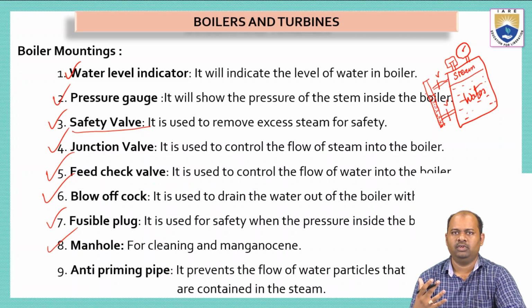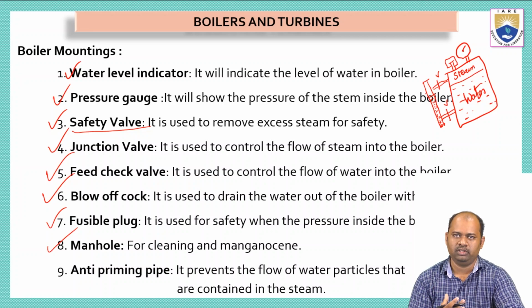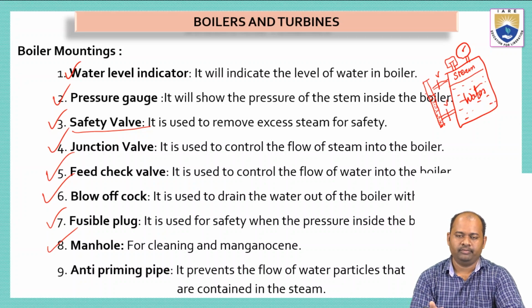In order for a person to access the inside of the boiler, we should have some manholes covered with doors. They can be opened, and human beings or operators can go inside and clean or do some maintenance work related to the boilers. So this is the manhole, which is used for cleaning and maintenance.